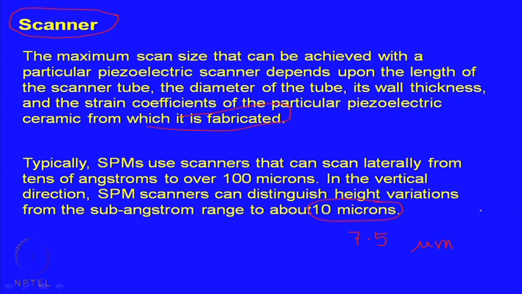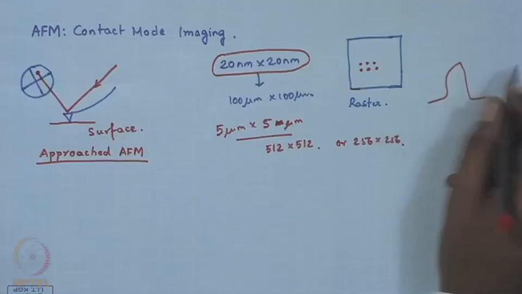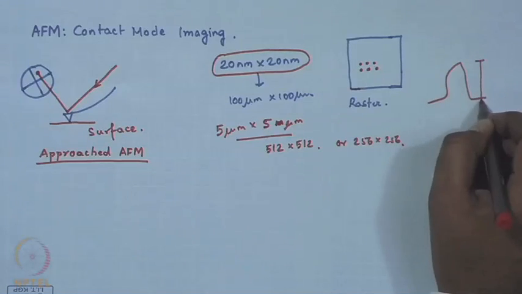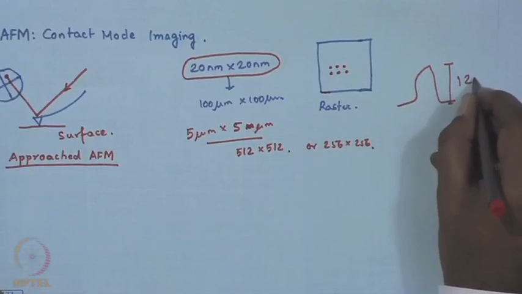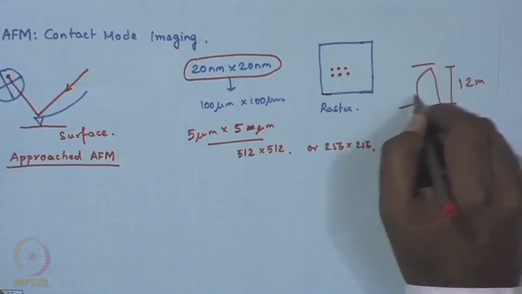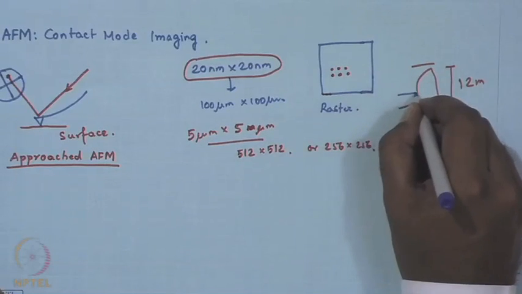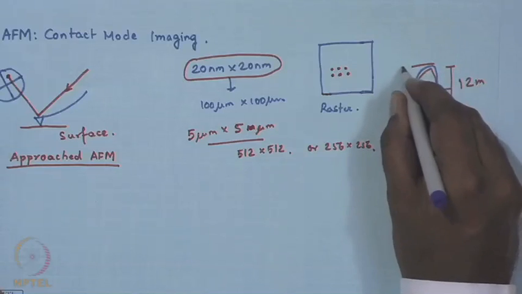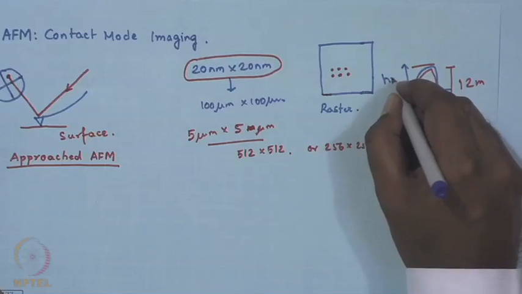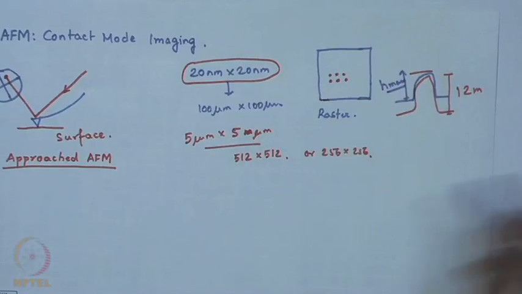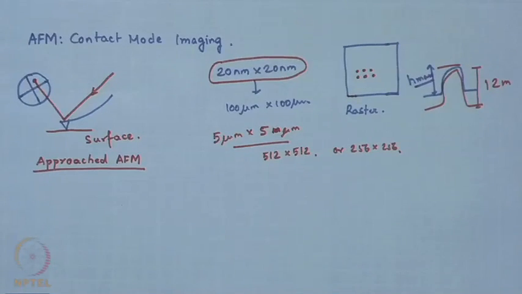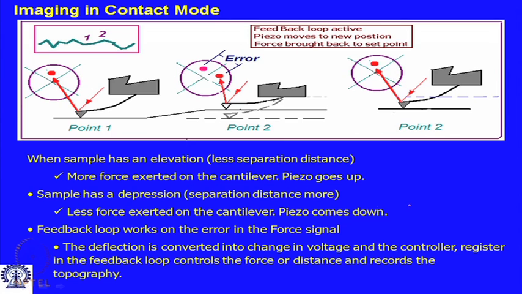If you have features which are higher than that, let us say a feature like this which is 12 micron, the scanner will not be able to cover it and it will generate a profile like this, which corresponds to the maximum range of the scanner, and this is often referred to as the truncation error.